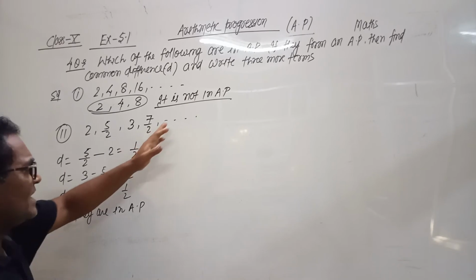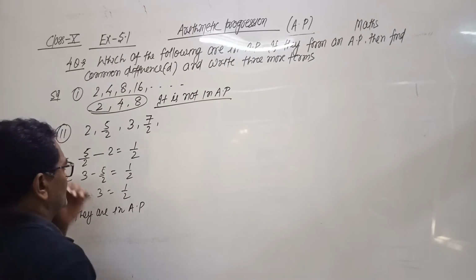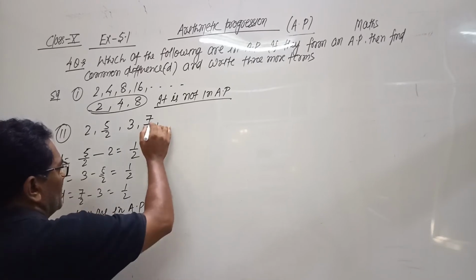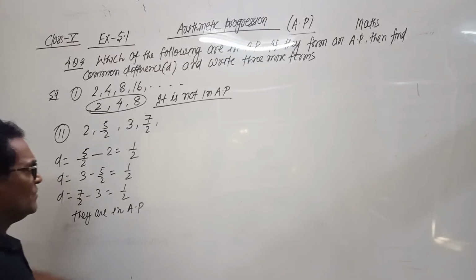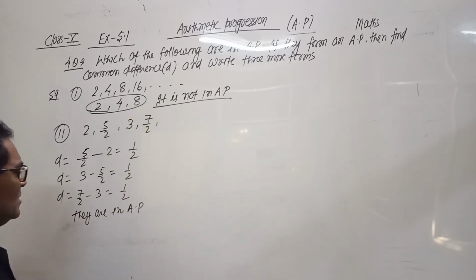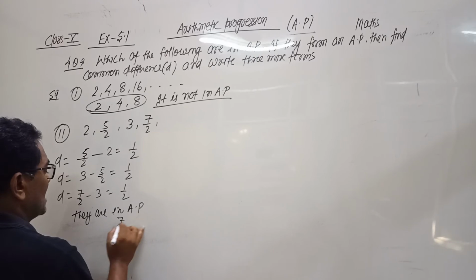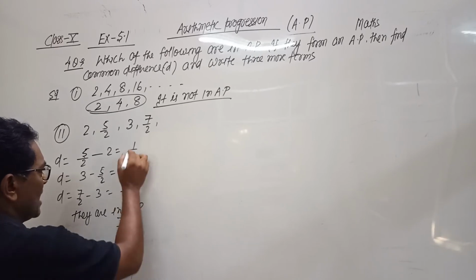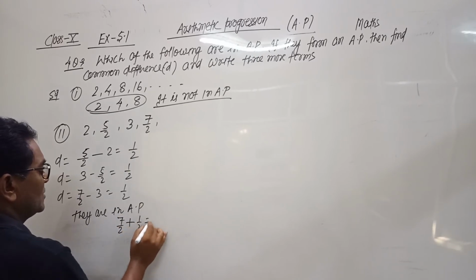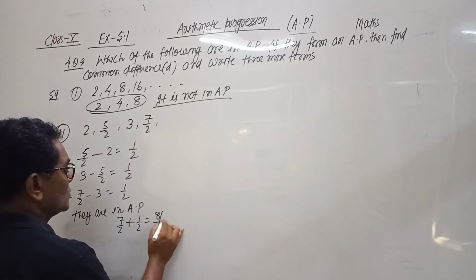Now we have to find the next three terms. So how to get the next three terms? For finding the next term, we add the common difference to the last term. The last term is 7 by 2 and the common difference is 1 by 2. So 7 by 2 plus 1 by 2 is 8 by 2, which is 4.